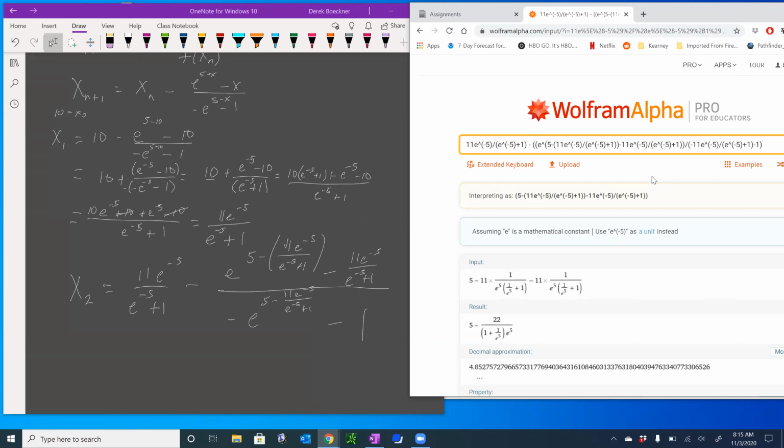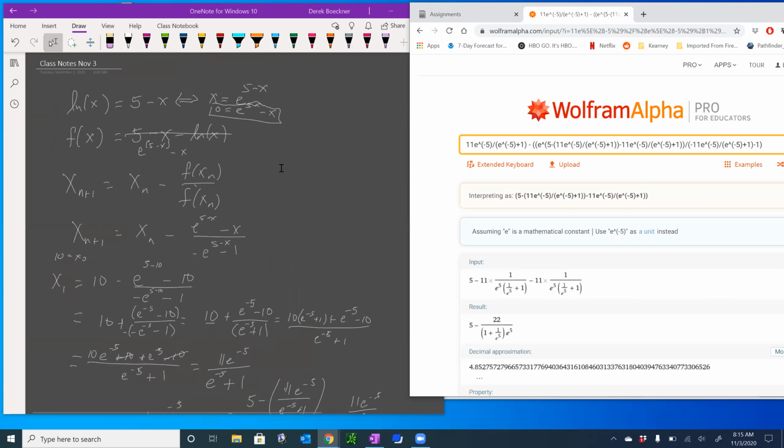Is that what I want it to interpret it as? I don't think that's what I want it to interpret it as, is it? No, certainly not.